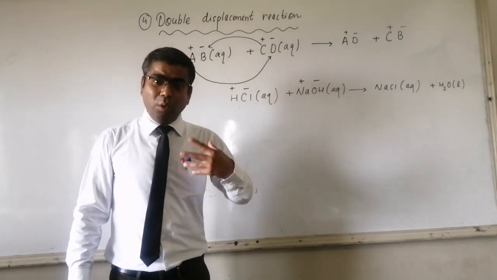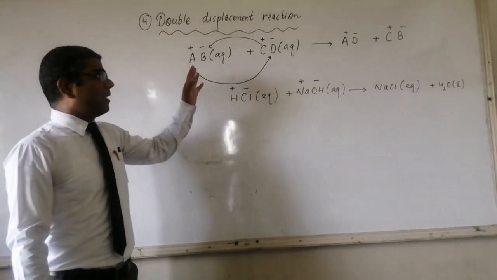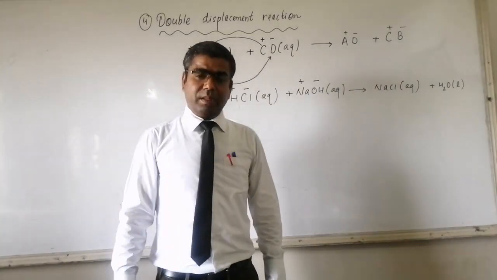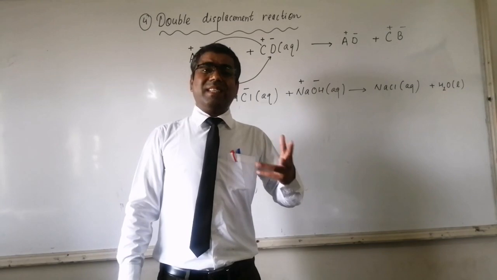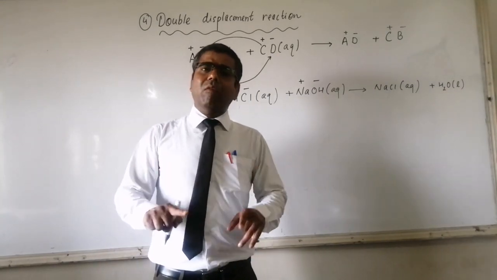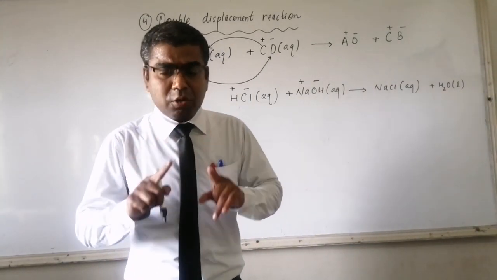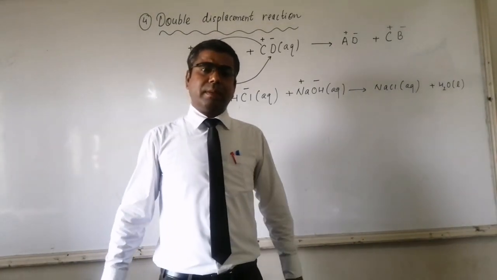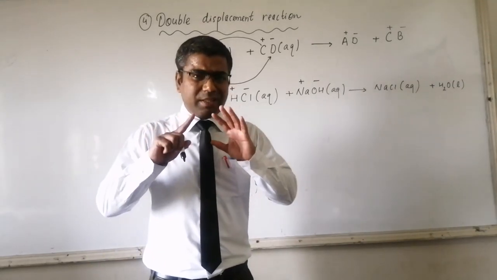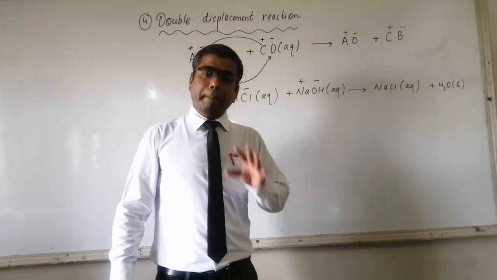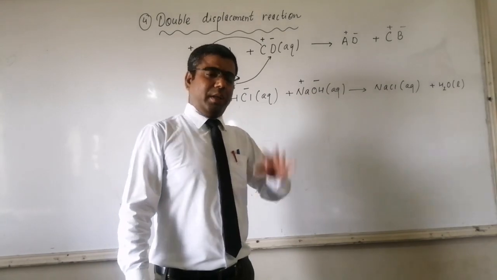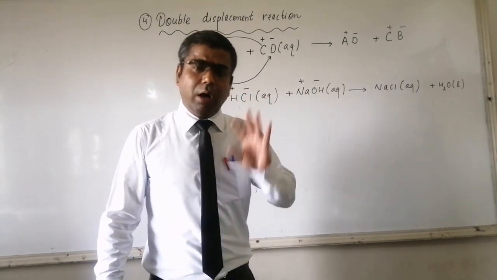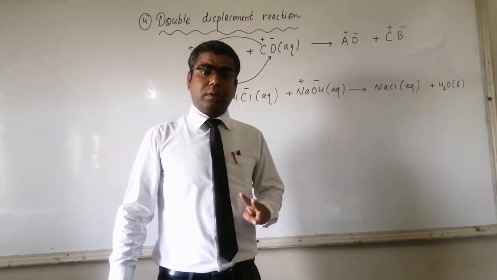Now we have one more chemical reaction in double displacement type, that is called precipitation reaction. Now what happens in precipitation reaction? Again we will be taking two ionic solutions. We'll mix both the ionic solutions. Exchange of opposite ions will take place, but after the reaction you will get two compounds.